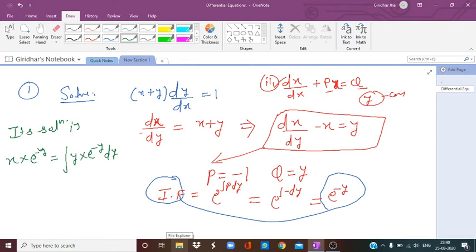Now it is integration, so there we'll use by parts, dear. It is a question of integration only, so this we will use by parts because it is a u into v function. So y e to the power -y, here we'll use by parts. e to the power -y is going to be v, and y is u.